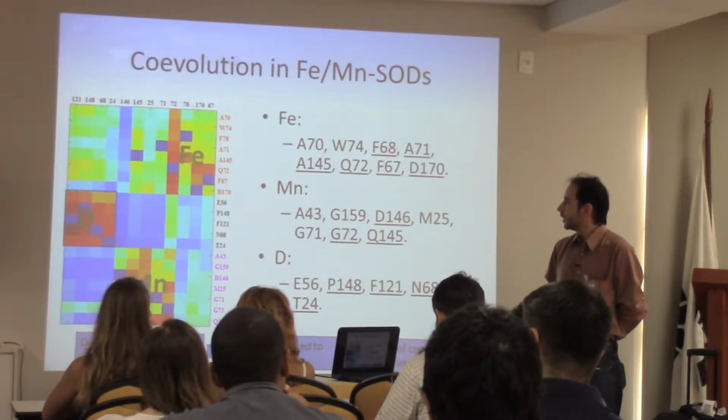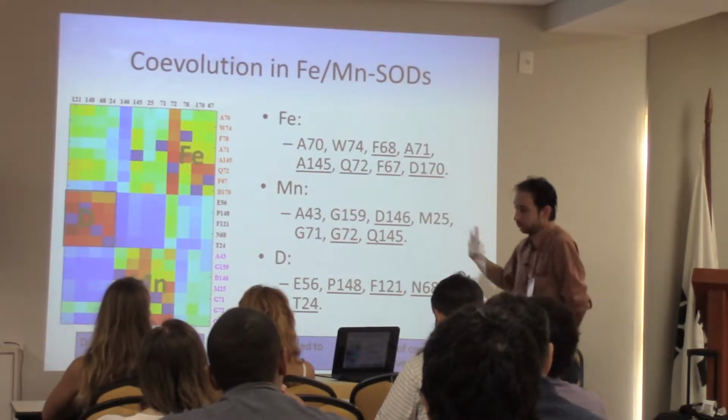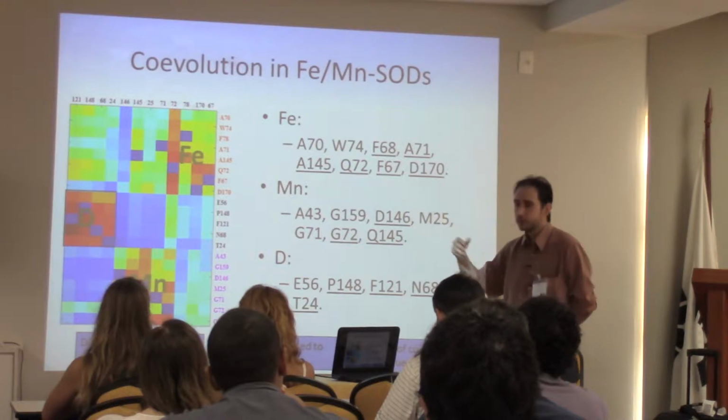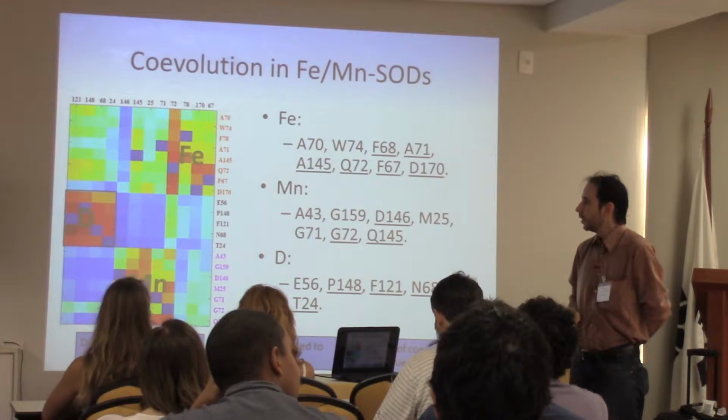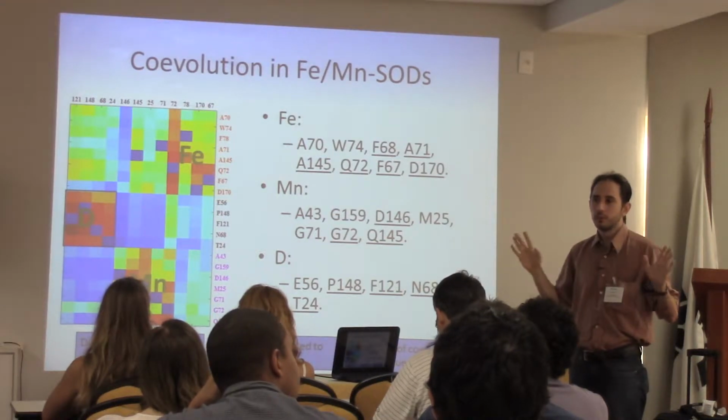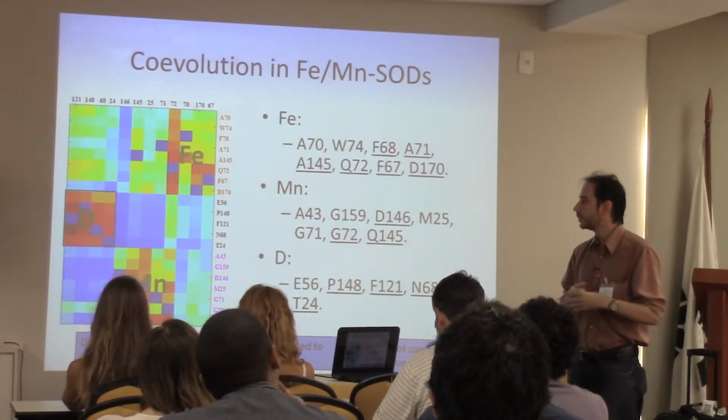And what we found out is that we could also find these positions in other ones which were just as good to predict the bound metal or the oligomeric state, without imposing any information about what we are supposed to find.